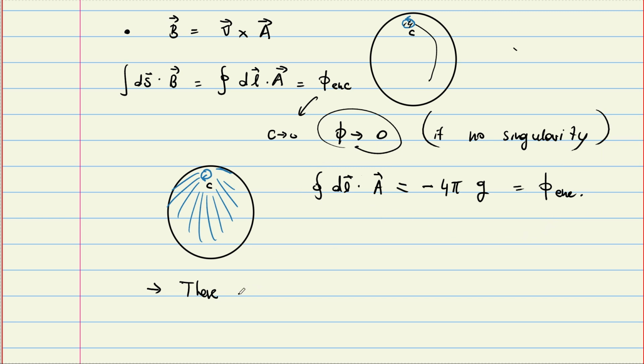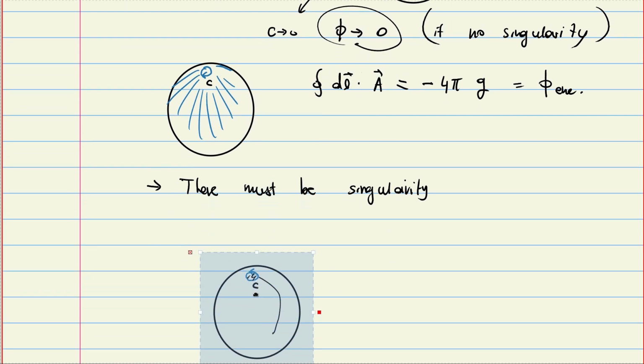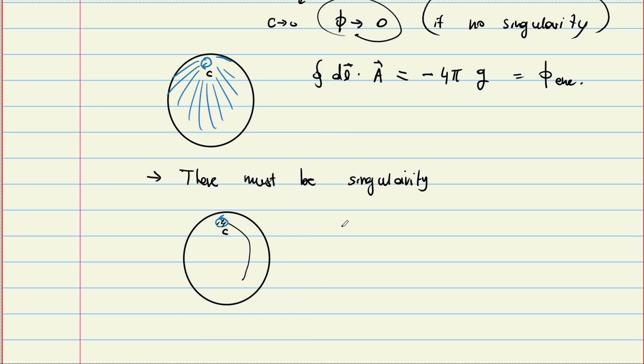Now there must be a singularity. And Dirac said, okay, the singularity is coming from something like that. So Dirac's argument is that there is a so-called Dirac string.